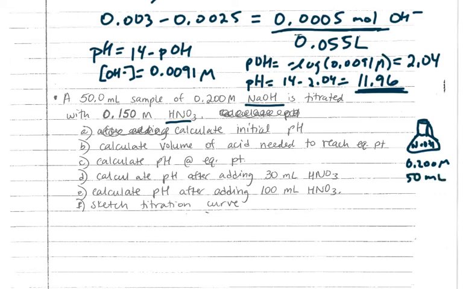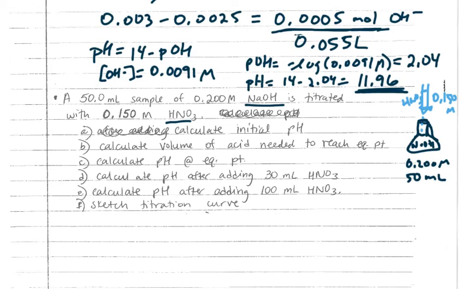And we're titrating it. Our titrant in this problem, the thing that's in this tube up here, is the acid, nitric acid, HNO3, with a concentration of 0.15 molar. And we will add it slowly to that base in order to neutralize it.